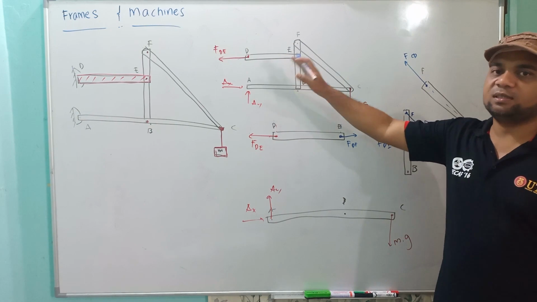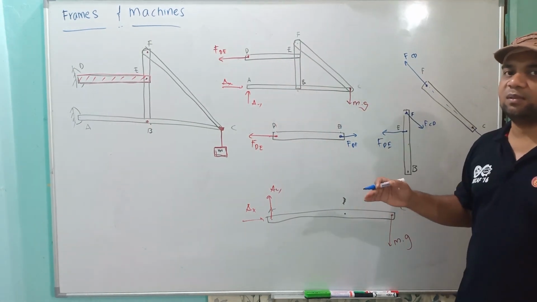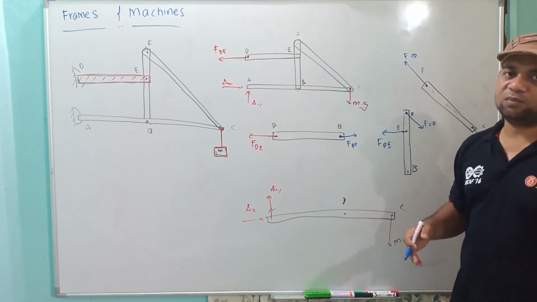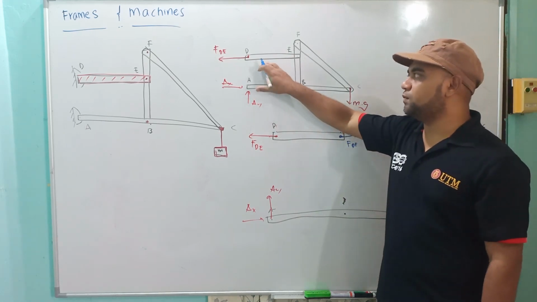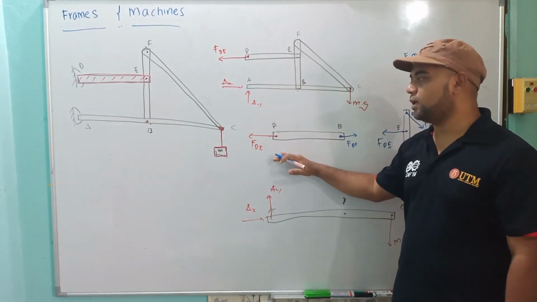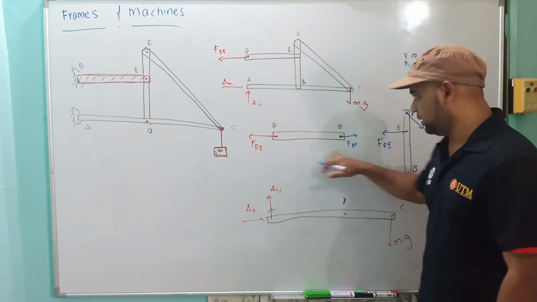Okay, 1 unknown instead of 4. That's the big thing about the two force member. Sometimes you will see that you cannot solve the problem because you're not considering a two force member. You have a lot of unknowns. So now you can simplify using a two force member. Instead of 4 unknowns, now you have only 1. Opposite direction but same magnitude, same force.